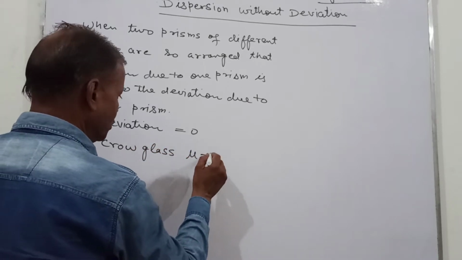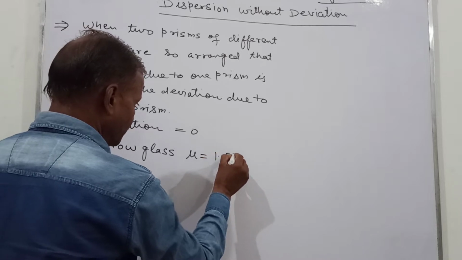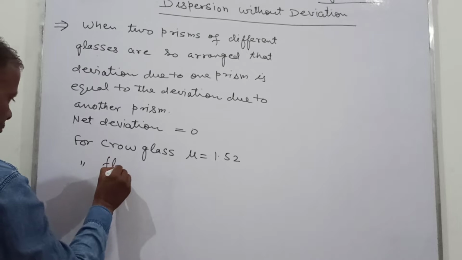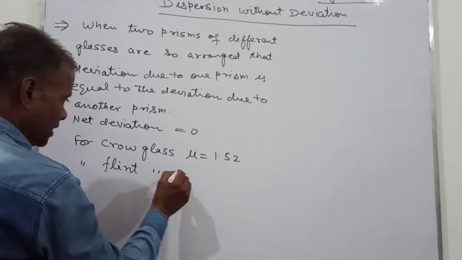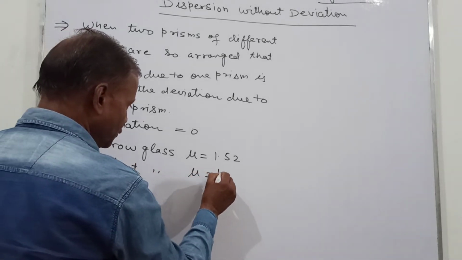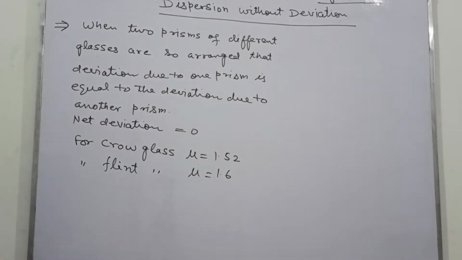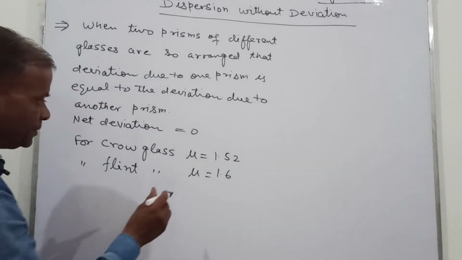Mu is equal to 1.52, and for flint glass this mu is equal to 1.65.